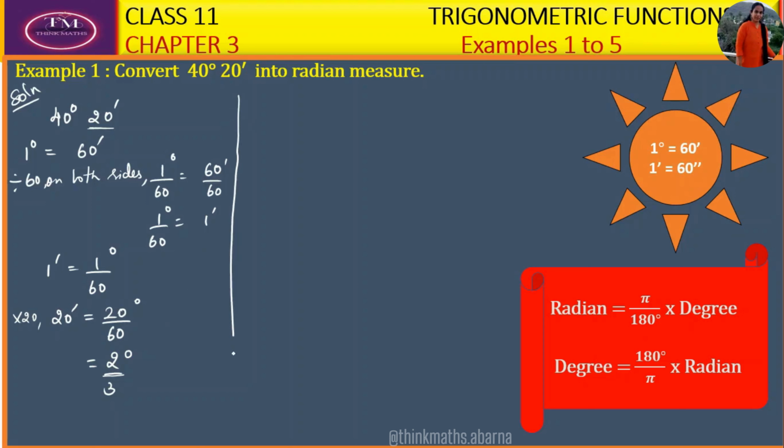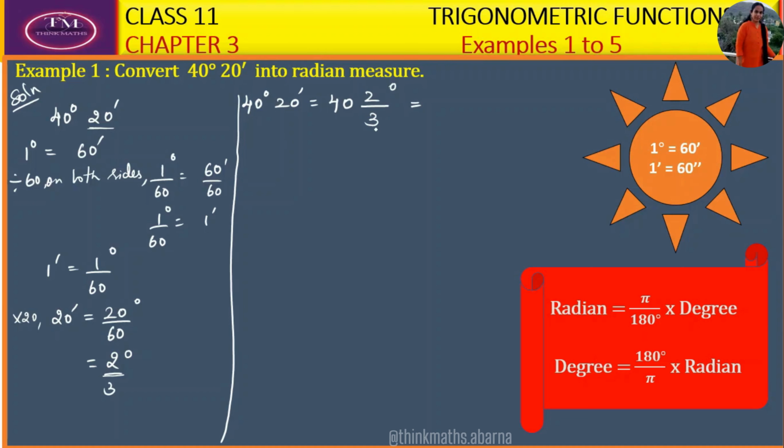So now 40 degree 20 minutes is nothing but 40 and 20 minutes is 2 by 3 degree. So it is 40 2 by 3 degree. This is in mixed fraction. Convert this to an improper fraction. What we have to do? We have to multiply these two and add with the numerator.